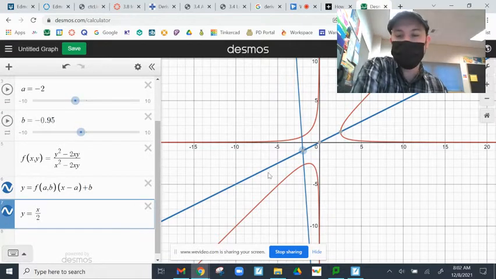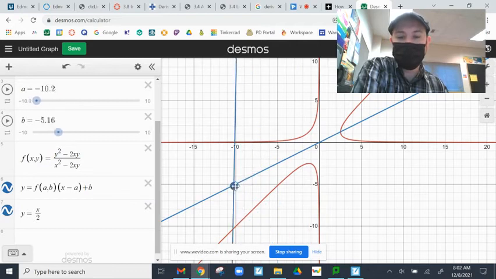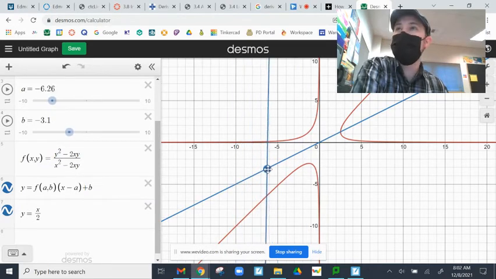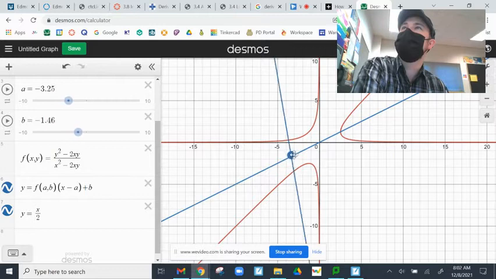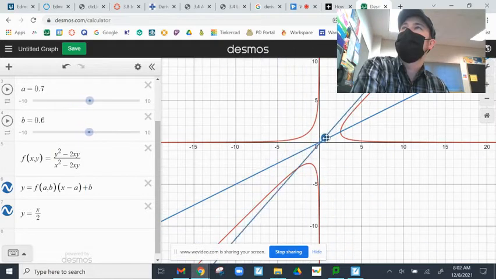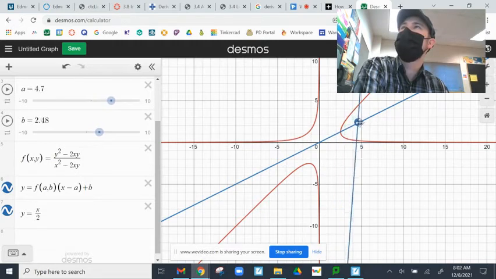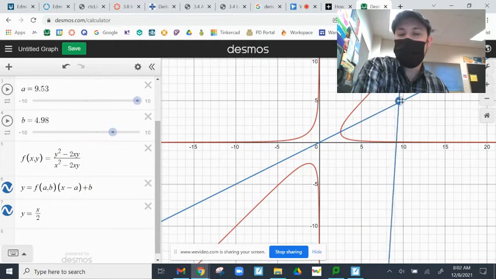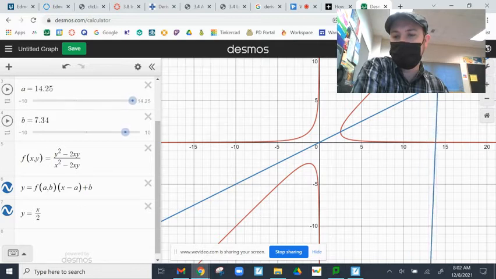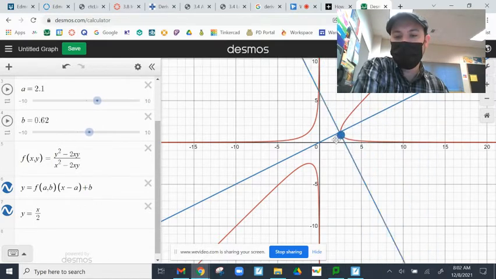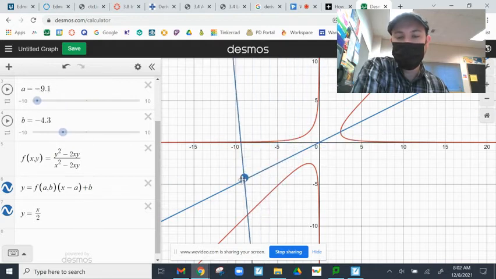There's my line y equals x over 2. As I move the blue dot, remember this is just an estimation of what's going on. Sure enough, there's a vertical tangent line, more or less, as I move along that dot. The weird thing is, the function itself is also undefined on a lot of these points.